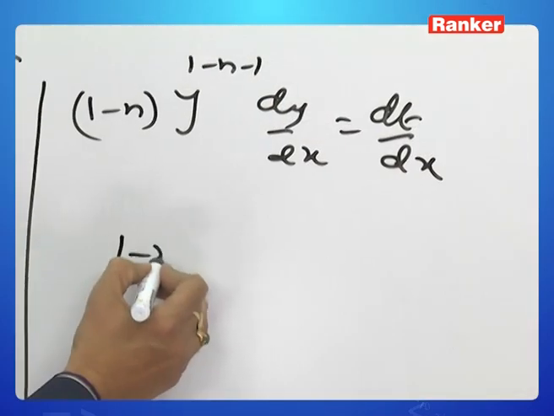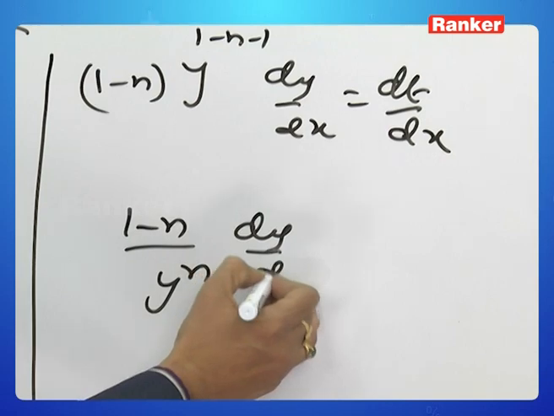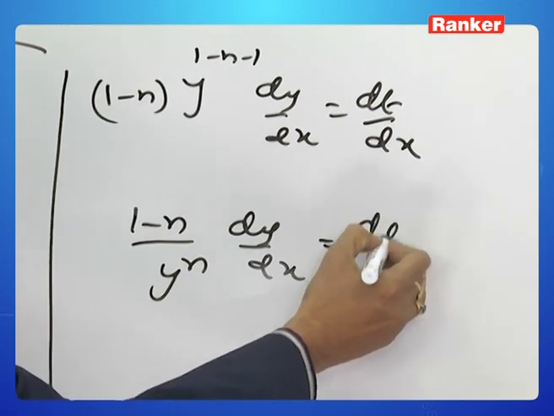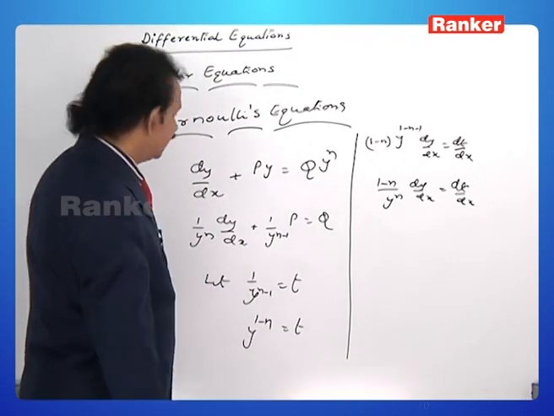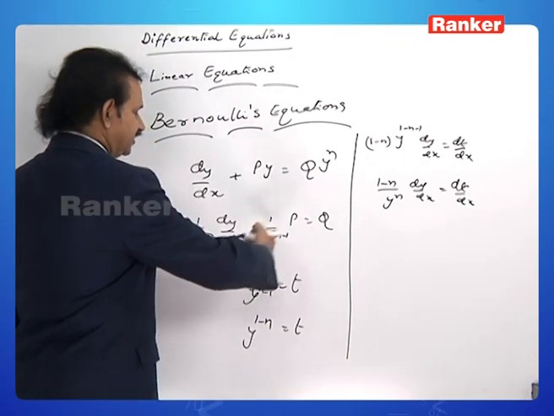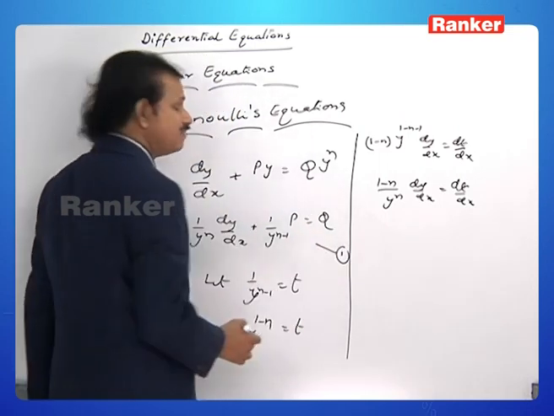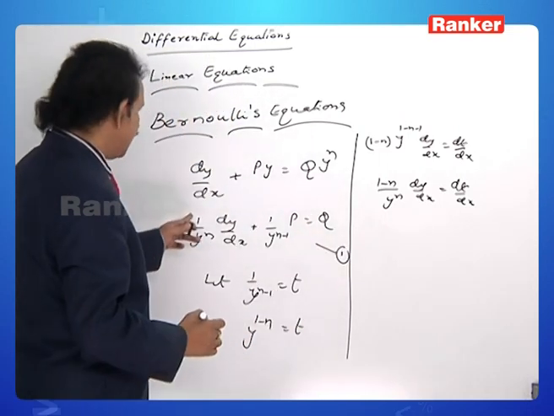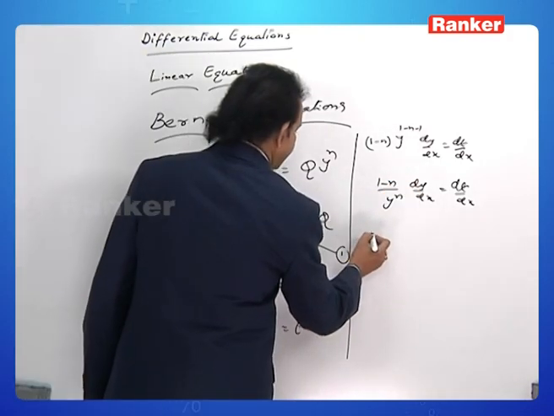Therefore, 1 minus n into y power minus n into dy by dx is equal to dt by dx. Good. Multiply this equation completely with 1 minus n. What happens? 1 minus n by y power n into dy by dx is nothing but dt by dx.